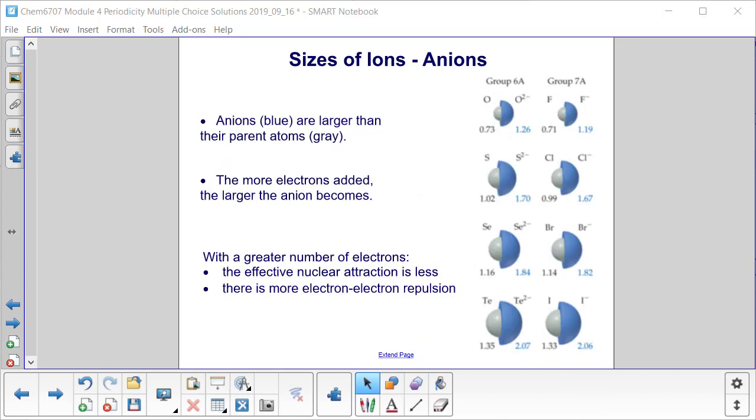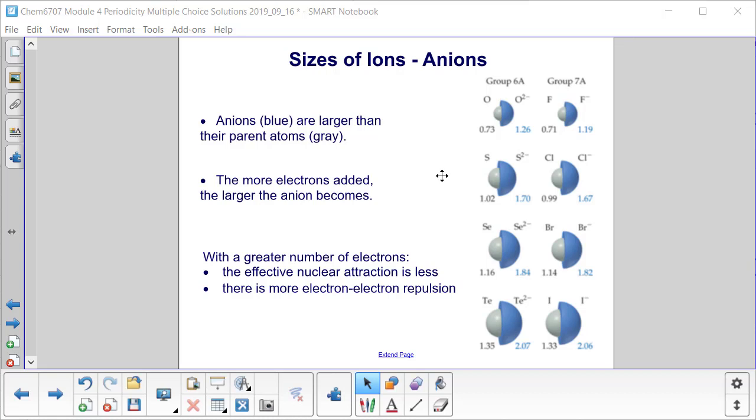What about the sizes of anions? So in gray, again, we see the neutral atom of several nonmetals that form anions from groups 6 and 7. In blue, we see their ions, so oxygen 2-, fluorine -1. You can see that anions are larger than their parent atoms.